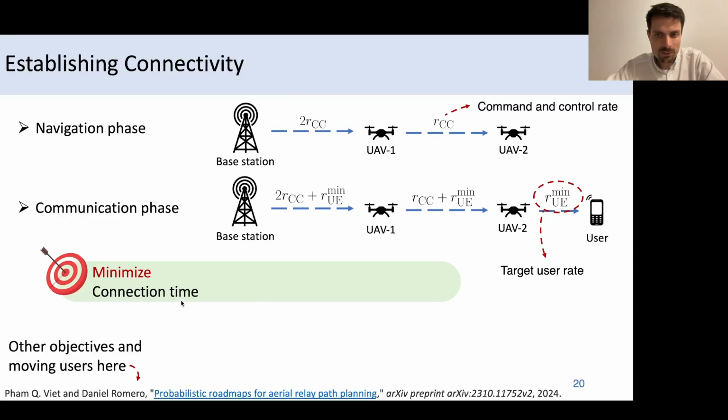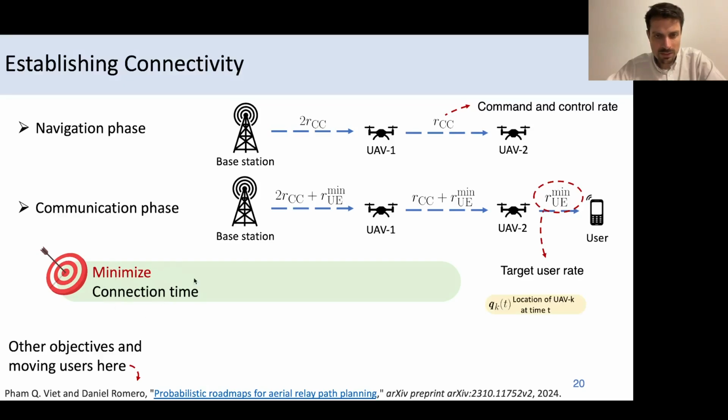We will also be assuming that the user is static, but the case of other objectives is covered in our journal paper. So please see this reference for further information.